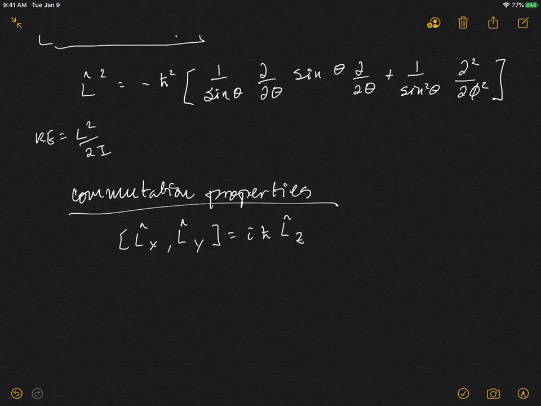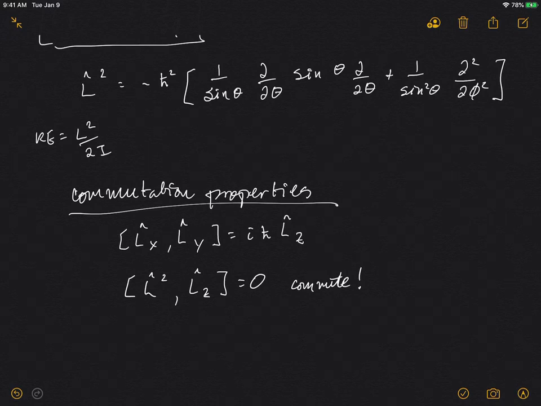And it turns out that here's a kind of surprising one: the commutator of the L squared operator with the Lz operator is 0. In other words, they commute. And this has some important implications.